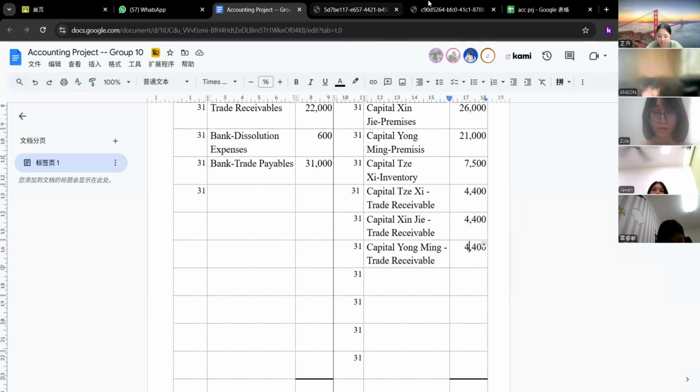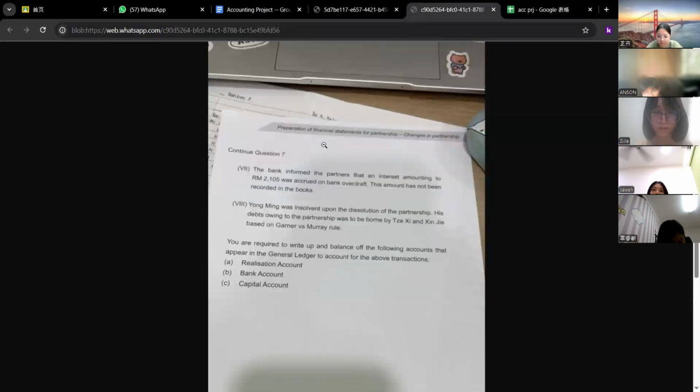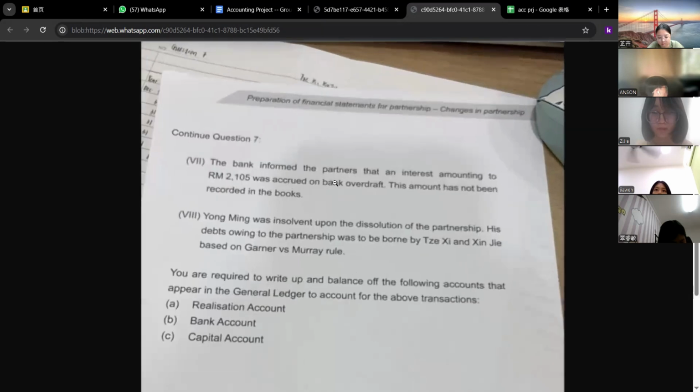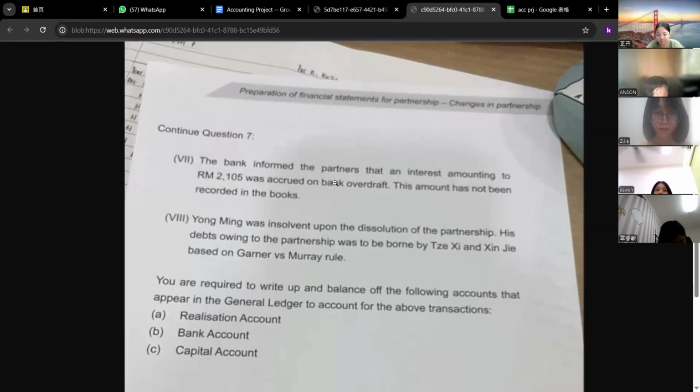Then the seventh is: the bank informed the partners that an interest amount of RM 2,105 was accrued on the bank overdraft. This amount has not been recorded in the books.